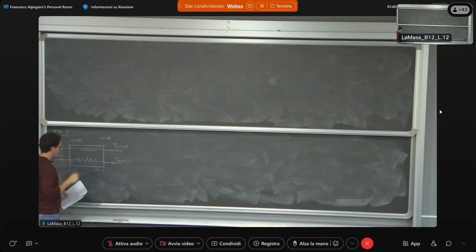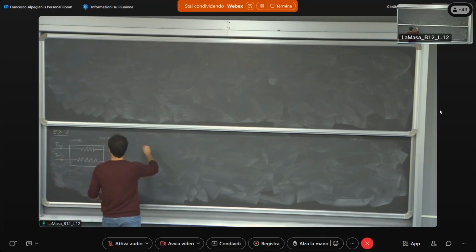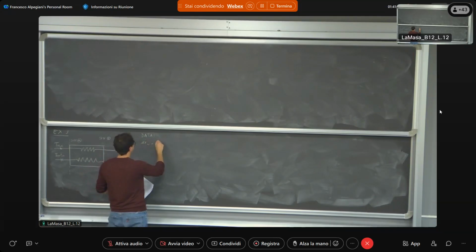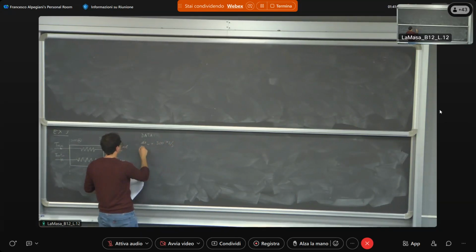Okay. The data are the mass flow rate of water, which is equal to 300 kilograms per second. Then we have the temperature at the inlet of the water, which is equal to 20.